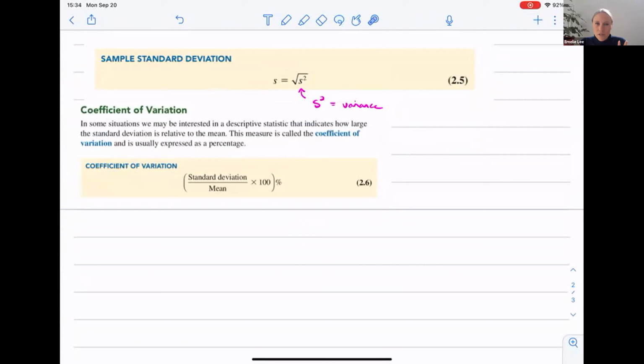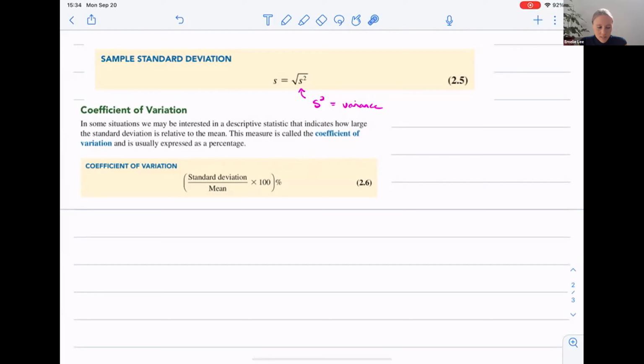Have you guys heard of actuarial science? Yeah, cool. So basically, kind of dumbed down, risk assessment. And so they use it a lot. But there are cases where we can't use the coefficient of variation.